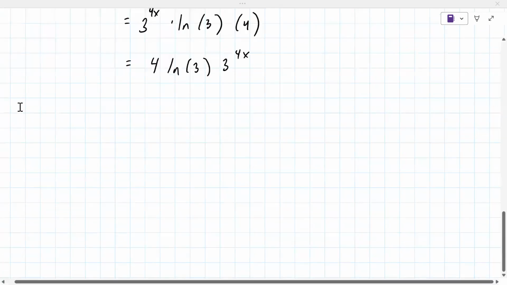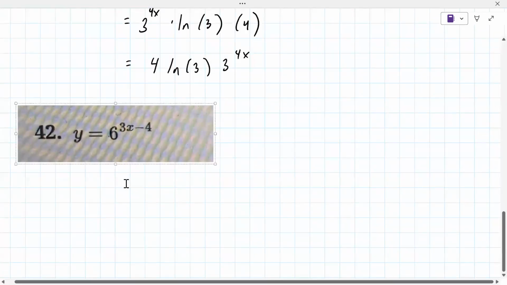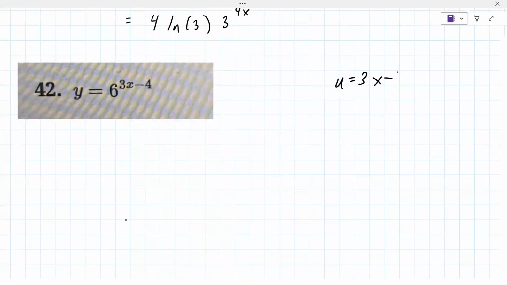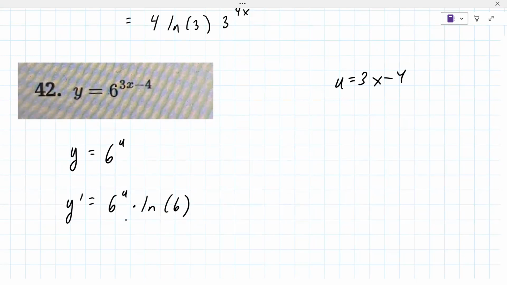So 42 here, your u is the exponent. So u is equal to 3x minus 4. So it's y equals 6 to the u. And so your derivative is itself times the natural log of the base times u prime. And u prime here is just 3.